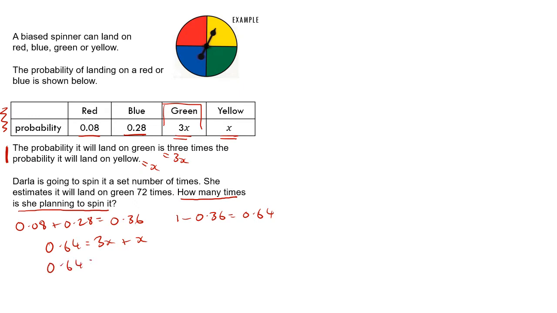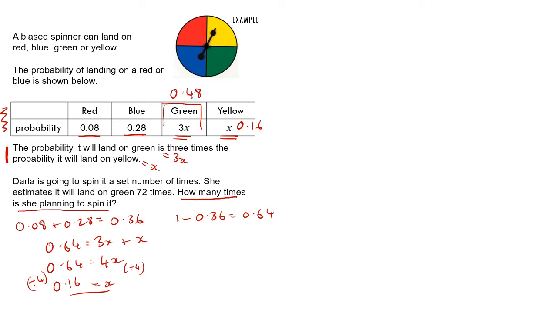So 0.64 is equal to 4x, and we just need to divide both sides by 4 to find out what x is equal to. So the probability it will land on yellow would be 0.16, and the probability it will land on green is 3 times this, which is 0.48.